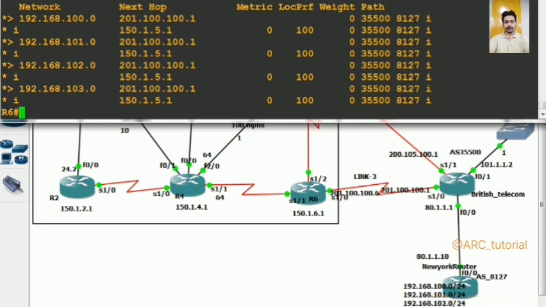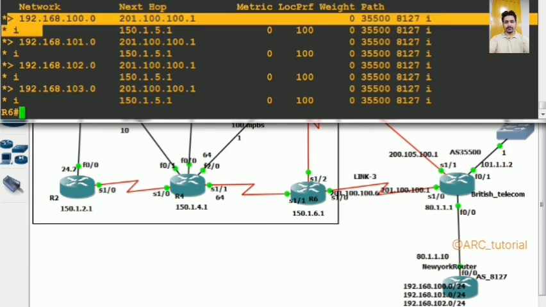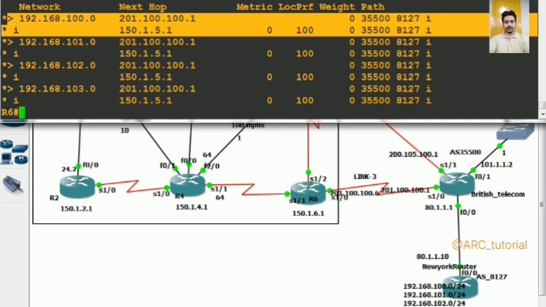Next is weight. Tell me, will it be possible for BGP to define its best path based on weight now? It is the same, so no, because it is 0, same.